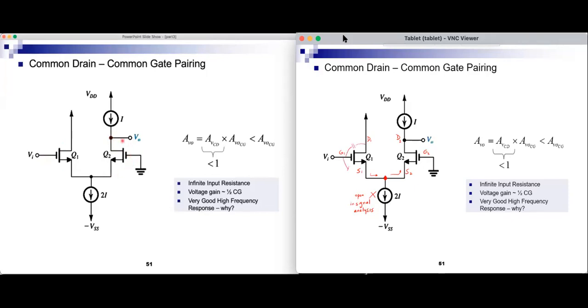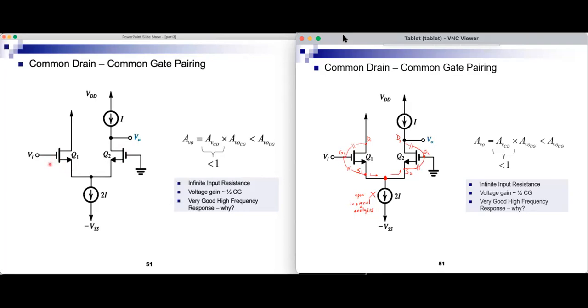So in the case of Q2, the capacitor is between the output and ground, or the intermediate output and ground. So there is no input to output. And in this case, I have a capacitor here, which is between the input and ground. This is signal ground. And I have a capacitor here, which is between the input and the intermediate output. And there is no gain here to worry about any Miller effect.